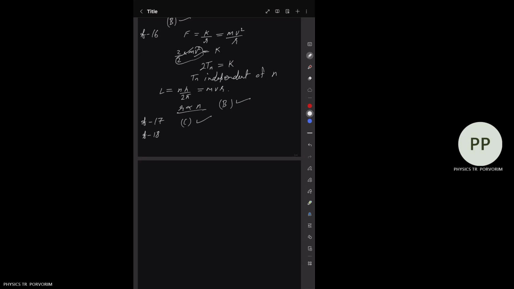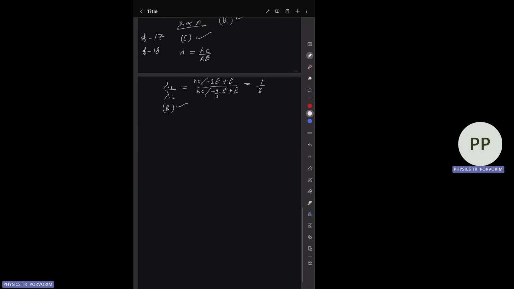We know that lambda can be written as hc by delta E. For the magnitude, we can write hc divided by minus 2E plus E, over hc divided by minus 4 by 3 E plus E. When we solve this, we get 1 by 3. So the correct option is B.